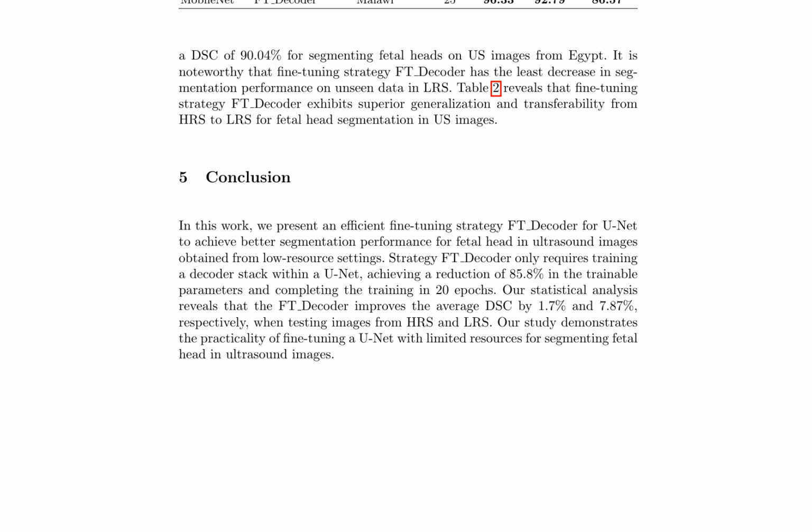This fine-tuning strategy showcases its practicality for segmenting fetal heads in ultrasound images, particularly when resources are limited. These findings underscore the potential of the FT decoder strategy to enhance image segmentation outcomes, even with limited data and computational resources. This could be crucial for improving diagnostic accuracy and patient care in fetal imaging applications.